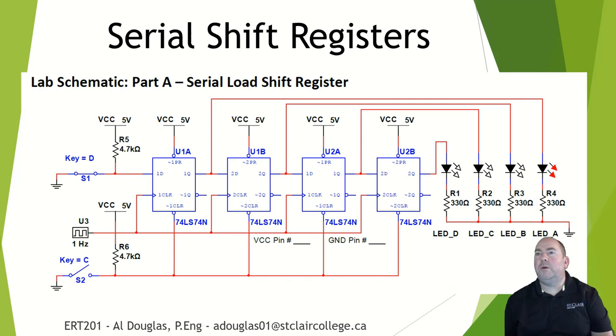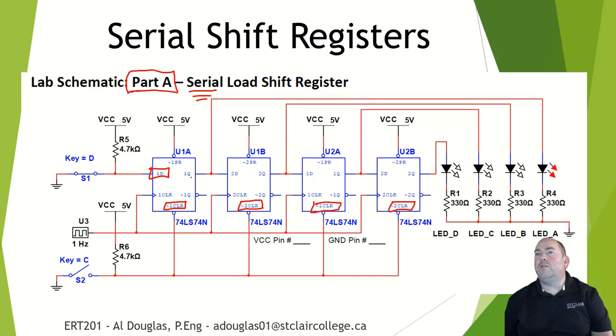All right, so we can build the serial shift register. This is part A of the lab. We have a signal here that is connected to the clear of each one, so that gives us our ability to clear, so I can empty out everything. And then we have one switch here, which connects to the data of the very first flip-flop.